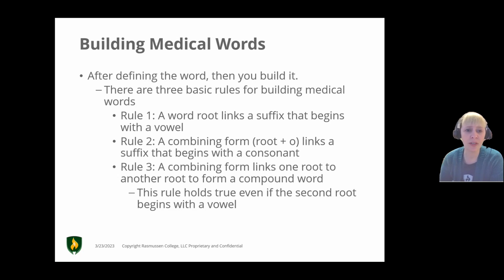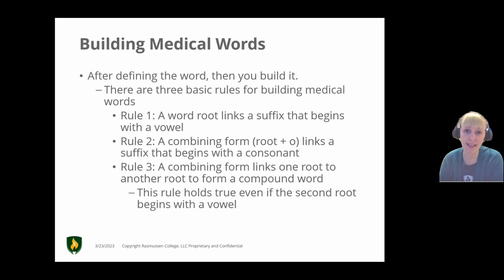Number 1, a word root links a suffix that begins with a vowel. So for example, if you have nephritis, you have a suffix, itis, that starts with a vowel, you can combine those 2 forms right together, no problem.